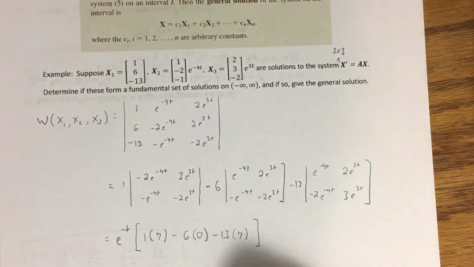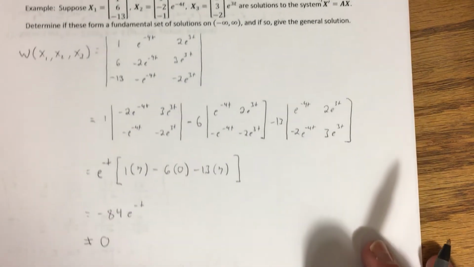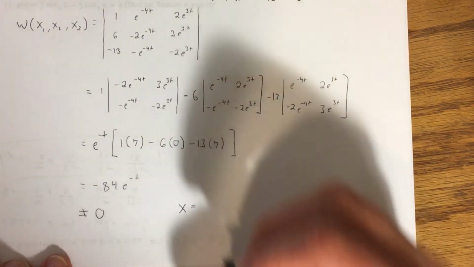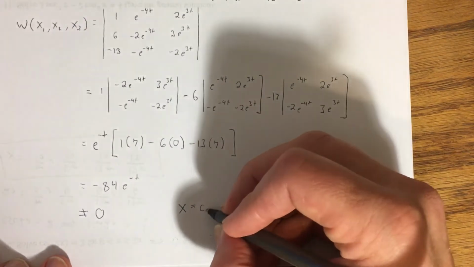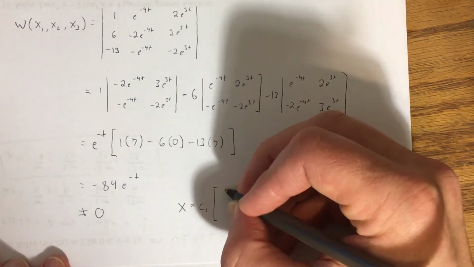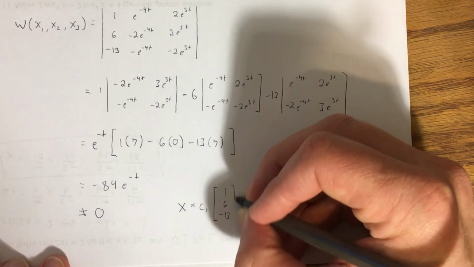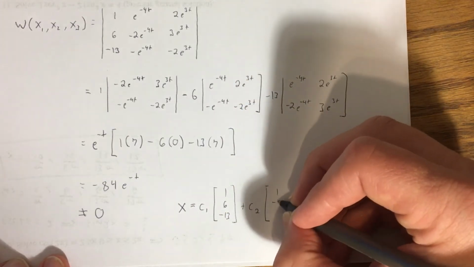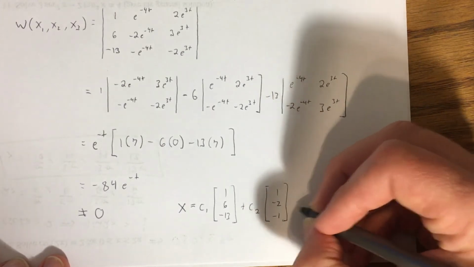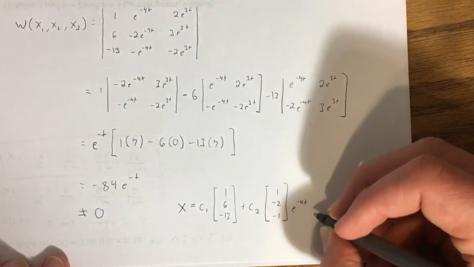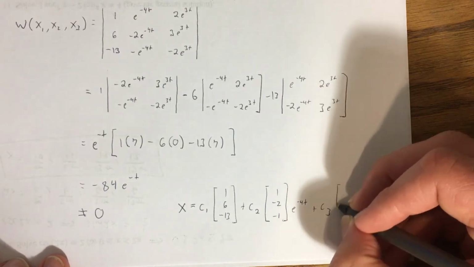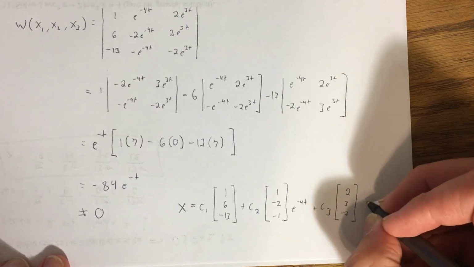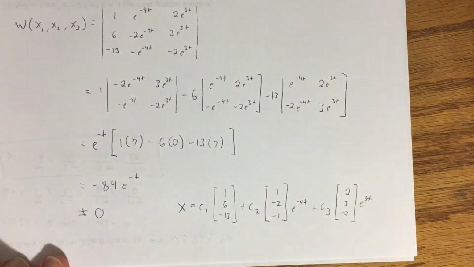Now, if I wanted to form the general solution to this, I would simply denote that by the set of all linear combinations of these: C1 times 1, 6, negative 13, plus C2 times 1, negative 2, negative 1, e to the negative 4t, plus C3 times 2, 3, negative 2, e to the 3t.